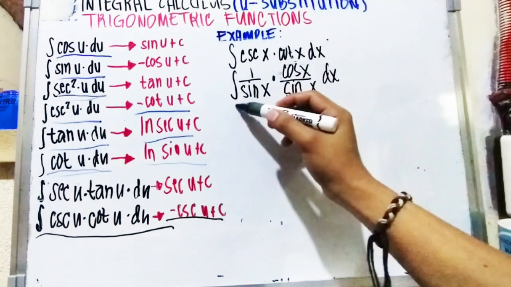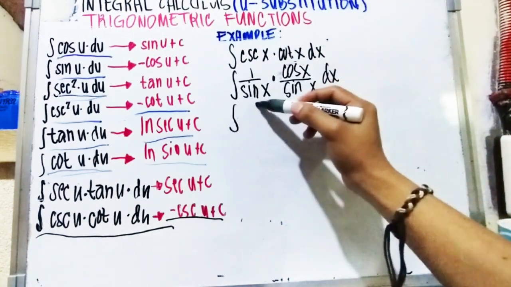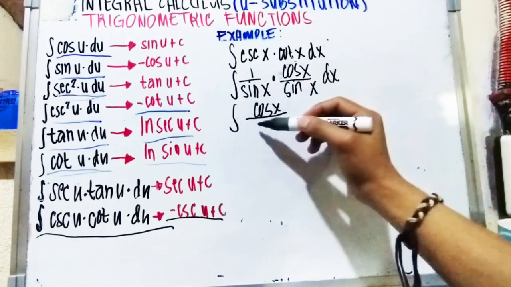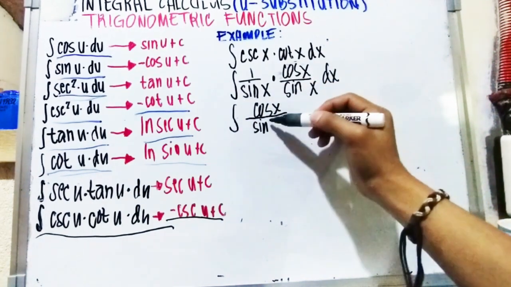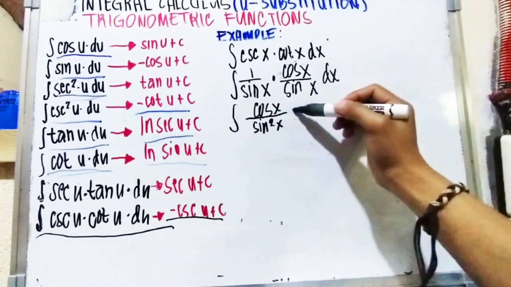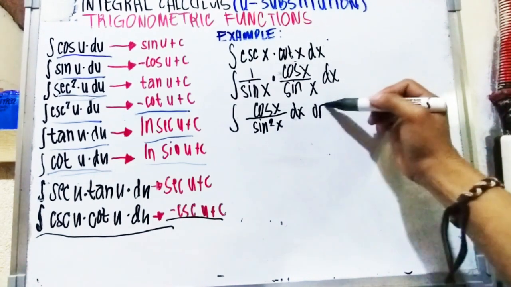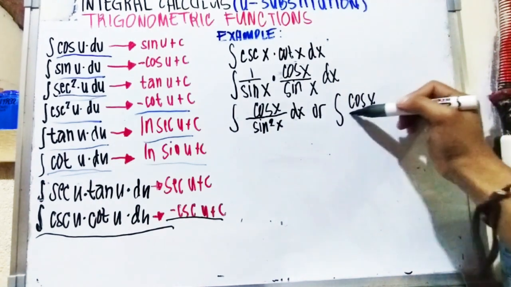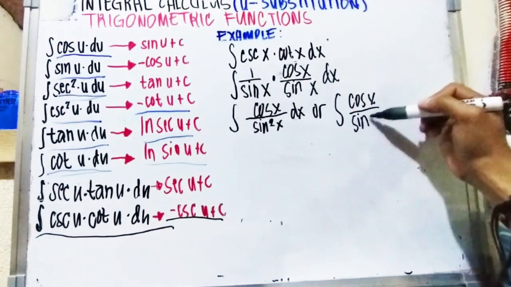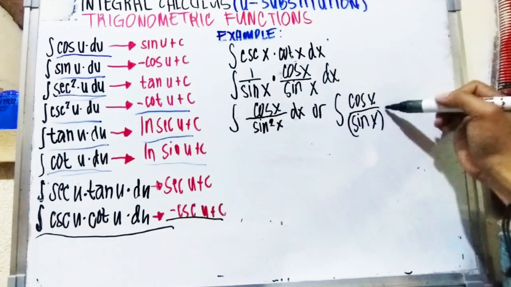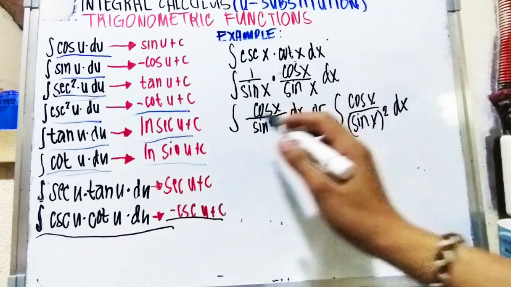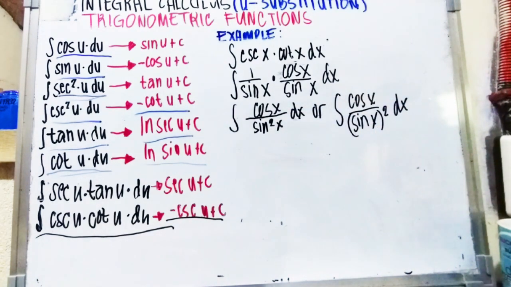So, evaluating this expression, magiging cosine x over sine x times 1 over sine x is sine squared x dx, or pwede natin isulat na cosine x all over sine x squared dx. Magkapareho lang yung expression na yan.